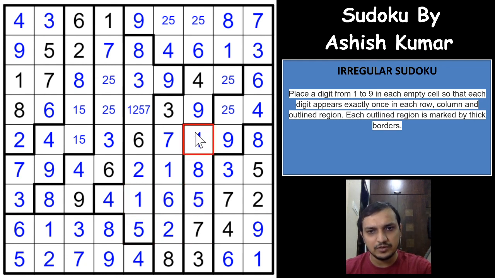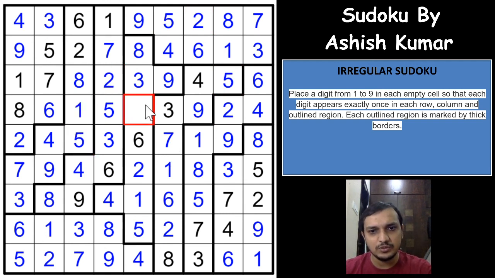This 5 gives you a 1 here, a 2, a 5, a 2, a 5 here, and that leaves you a 5, a 2, a 1, a 5 here, and this cell will have to be 7 now.